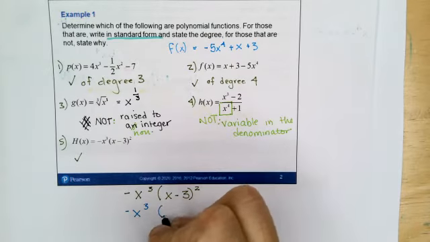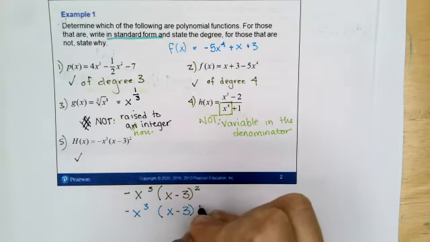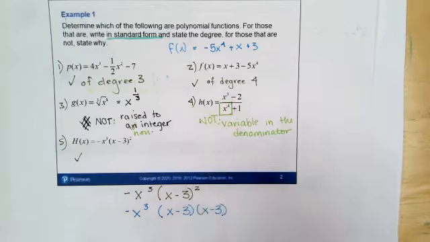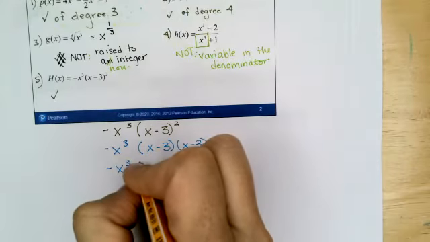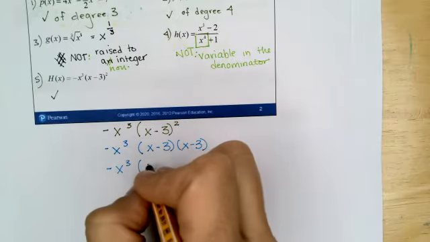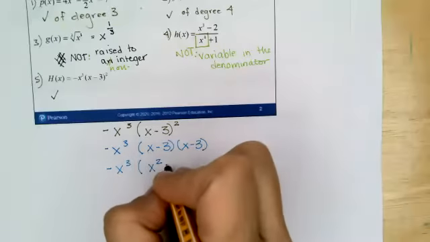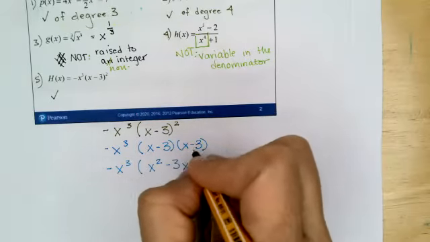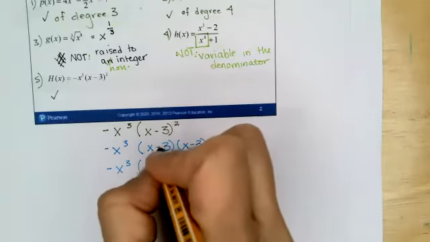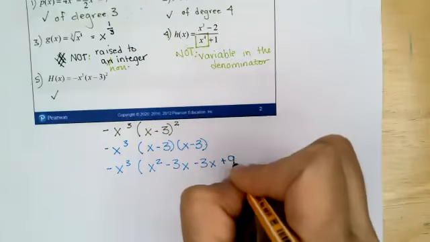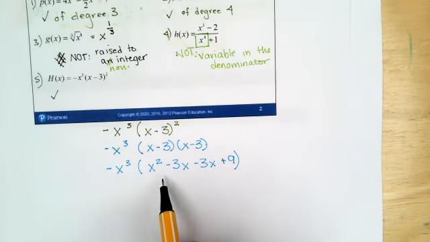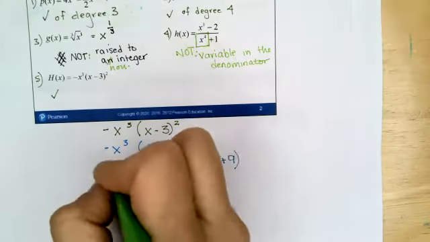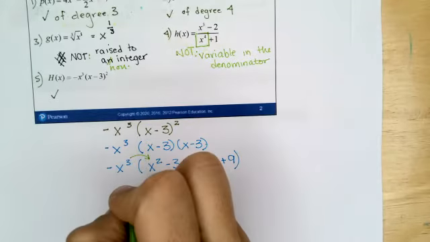Okay, so x minus 3 squared means x minus 3 times x minus 3, right? So we have negative x to the third times the quantity x times x is x squared. X times negative 3 is negative 3x. Negative 3 times x is negative 3x. Negative 3 times negative 3 is a positive 9. Good. Now I'm going to take that negative x cubed and distribute it. Negative x cubed times a positive x squared is a negative x to the 5th.